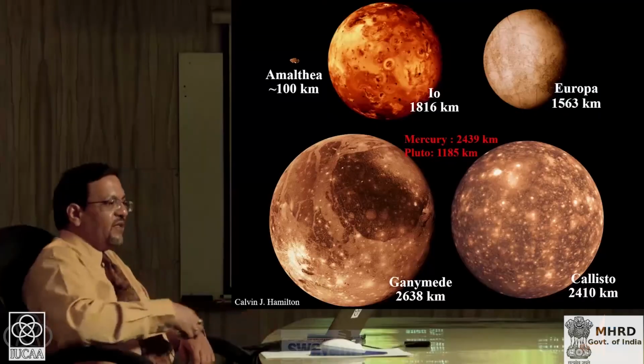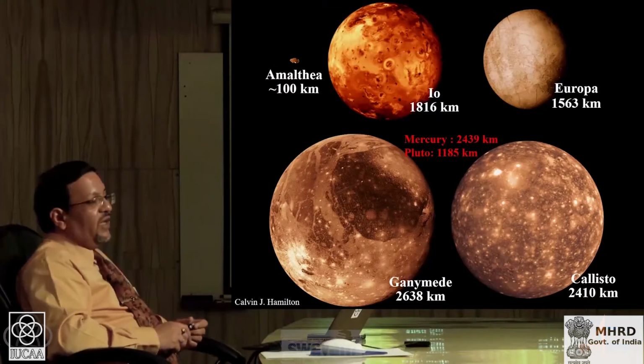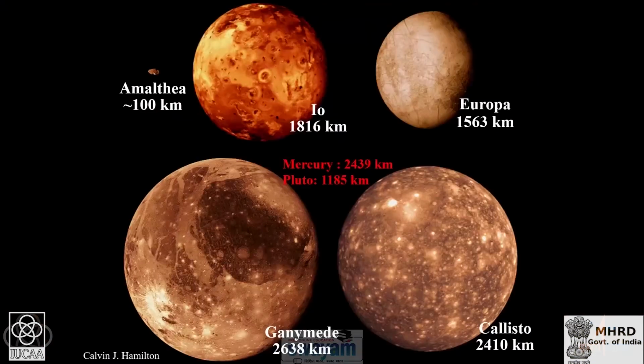If you compare this with other Galilean satellites, so this is Io, and then we have Europa, Ganymede and Callisto. These 4 are called Galilean satellites because they were discovered by Galileo Galilei in 1600 using his primitive telescope. Ganymede is actually the biggest satellite in our solar system, and it is even bigger than Mercury and Pluto.